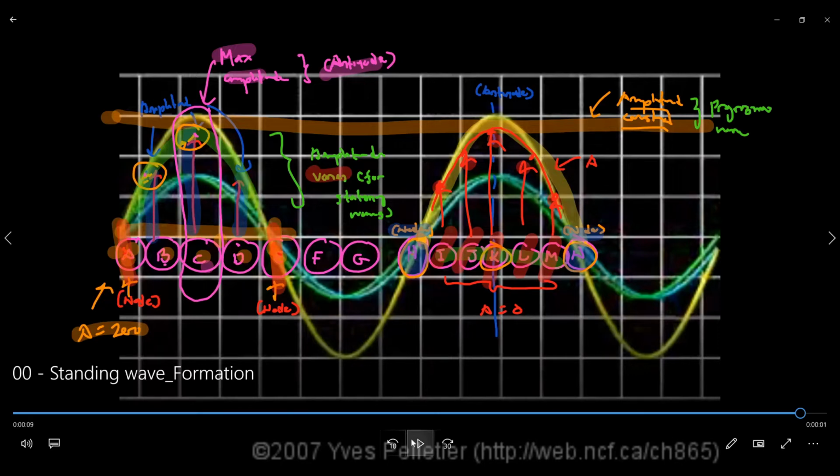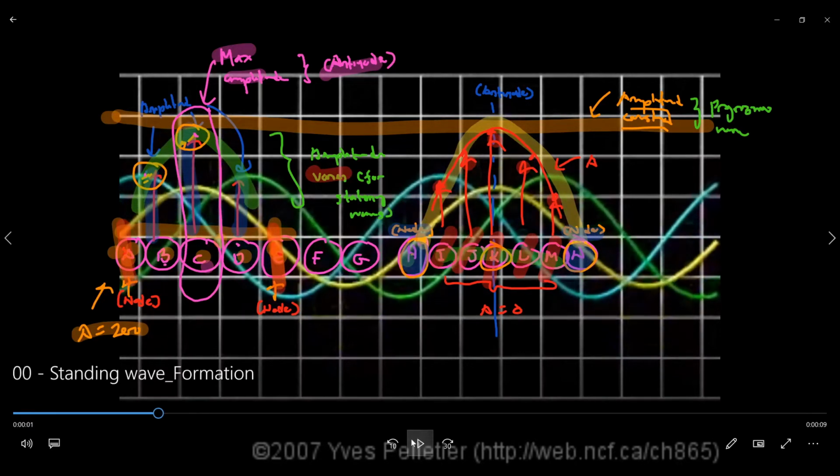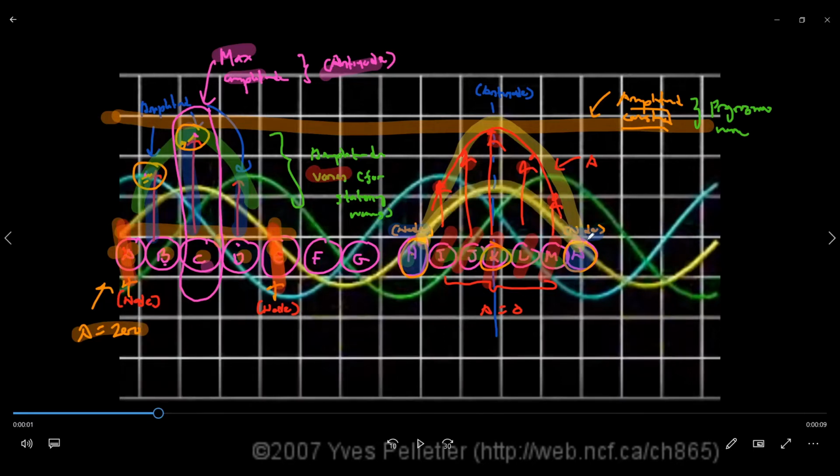The other day, if I let it run again, now the new wave for the stationary wave is here, right? Notice that now K is here, L is here, M is here, J is here, I is here.